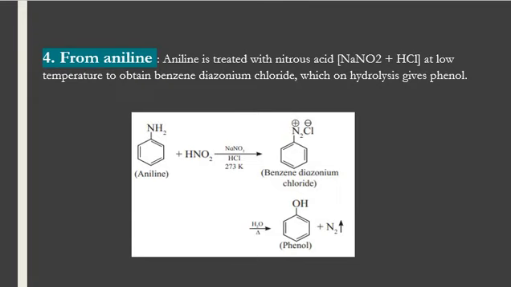This is a polar compound, and when benzene diazonium chloride is hydrolyzed, you will be getting phenol, nitrogen gas along with HCl also. So this is the method of preparation of phenol from aniline.